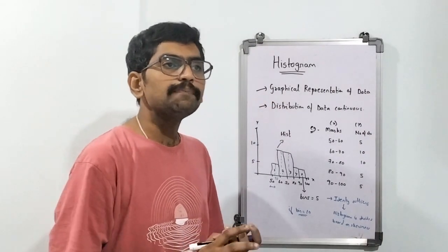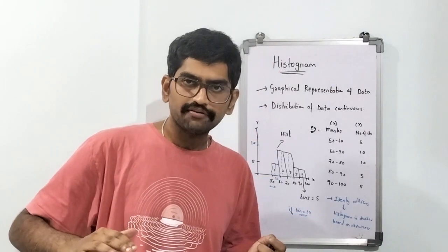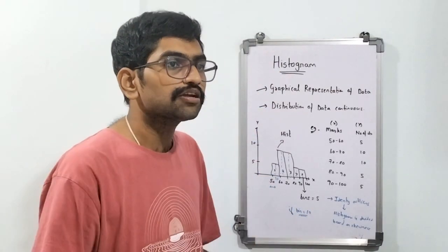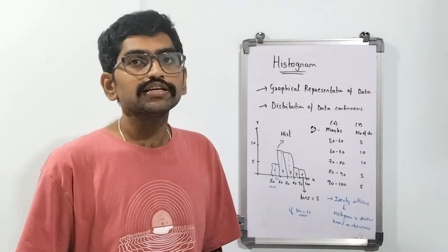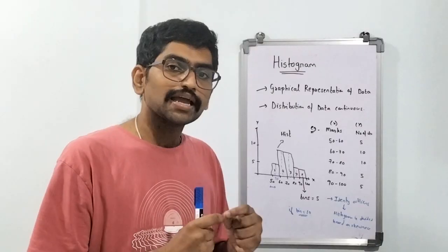Skewness means what? Depending upon the plot you have, you can identify whether the particular data has some outlier or not. So based upon this, we are going to study the types of the histogram.